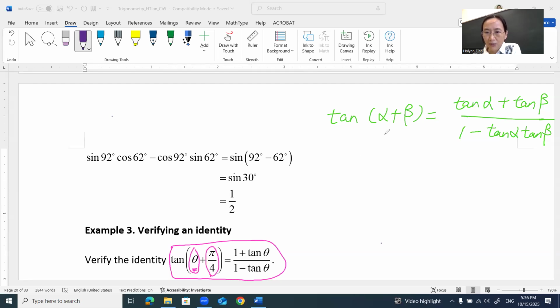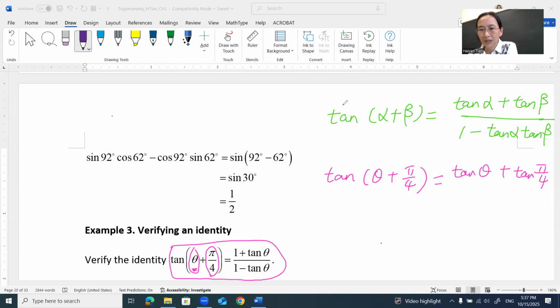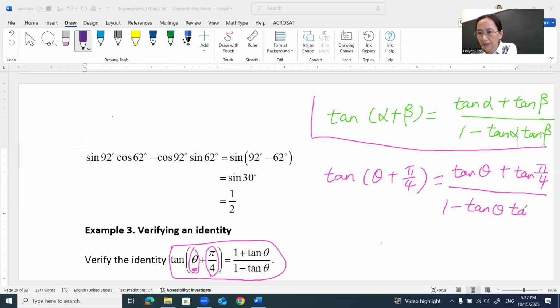Whenever you see alpha, let's replace it with theta. Whenever you see beta, you replace it with pi over 4. And then tangent alpha will be tangent theta. Tangent beta will be tangent pi over 4. So I'm directly applying this formula. And then 1 minus tangent theta tangent pi over 4.